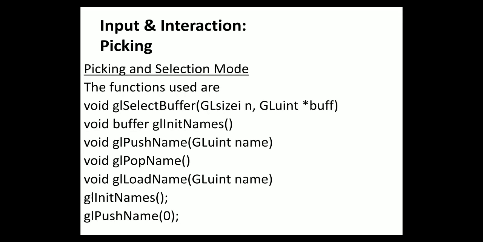Then glInitNames, which is with respect to the names that have to be extracted from the graphic. Then you have glPushName and glPopName functions, which are with respect to manipulating this given set of names or hit list. And then we have glLoadName, which is going to extract the given name, whatever object you are going to select, that object will be extracted.